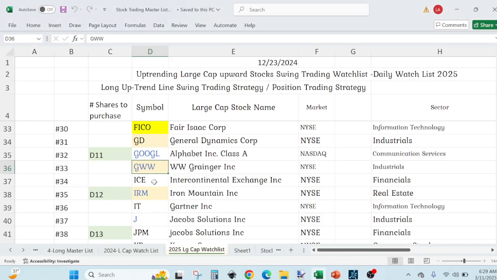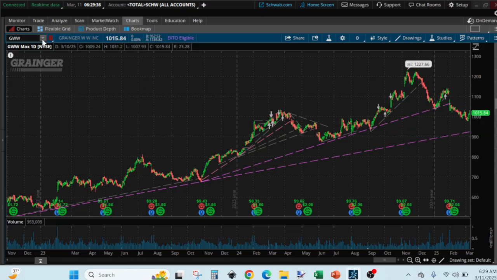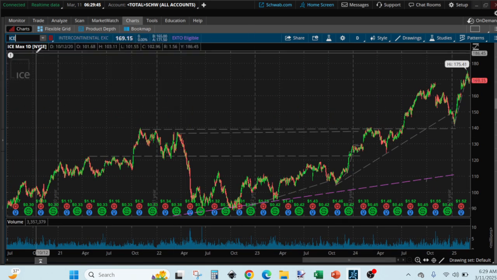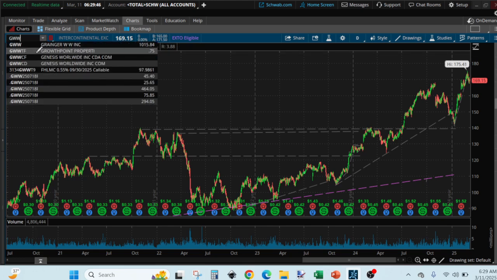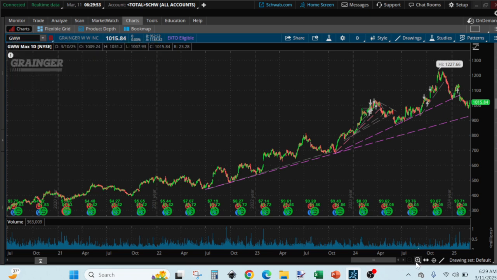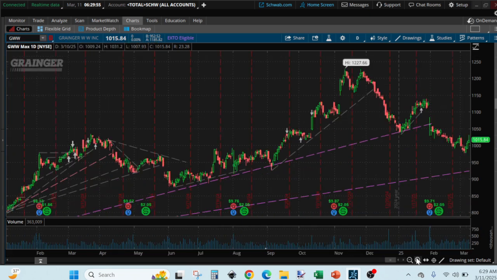So the last one that we are going to analyze in this video is ICE. If I go back to GWW, if I didn't purchase it there and I'm tracking it to purchase it using the long option long swing trading strategy, for what it's doing right now, I won't buy either because it's making lower lows.